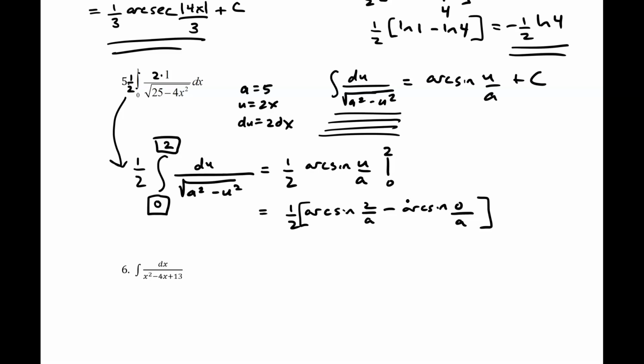So this term just becomes 0, and your answer is 1/2 arcsine of 2 over a. But our a value in this problem is 5. So the final answer would be exactly what I have right here.